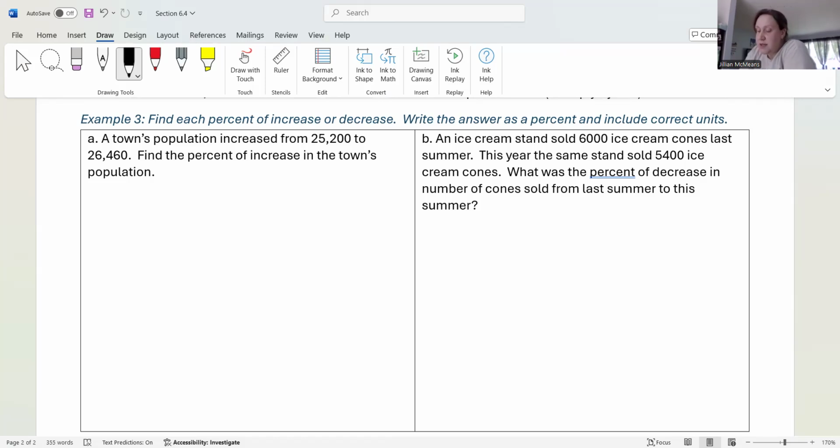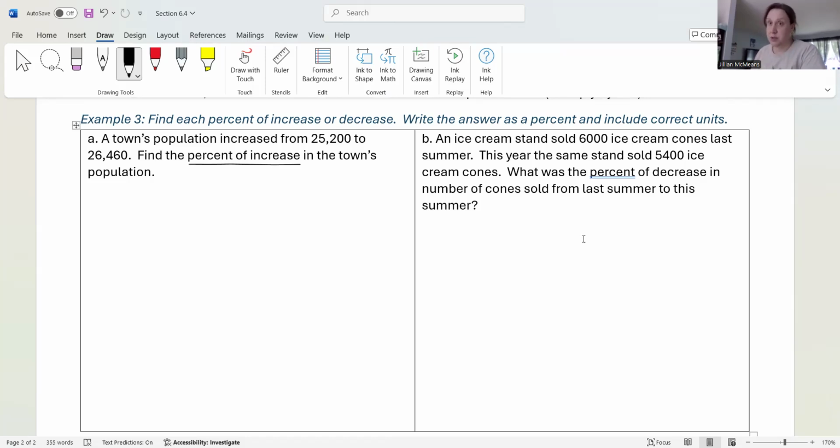So for part A, it says a town's population increased from 25,200 to 26,460. Find the percent of increase in the town's population. Let's just say for fun that we do the formula, and then I'll show you maybe the equation method for this one. And then on the next one, we'll do the formula, and then I'll show you maybe the proportion method.